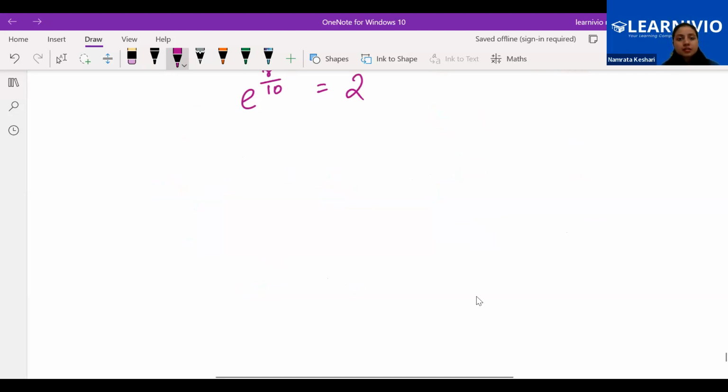We created the differential because e to the power 0.5 is given. Somewhere we have done a mistake. Okay, let me check it.